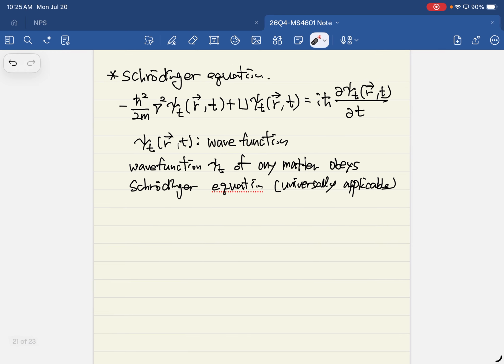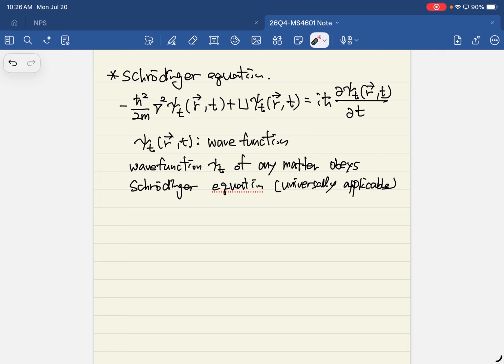So again, my point is that even bulk scale objects have to follow this Schrödinger equation, but the wave characteristic is essentially none. There's no need to use the Schrödinger equation for describing bulk scale objects, because the wavelength is so small that interference or whatever waves are expected to do cannot be observed.